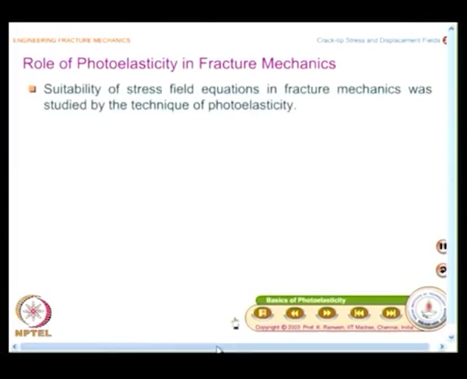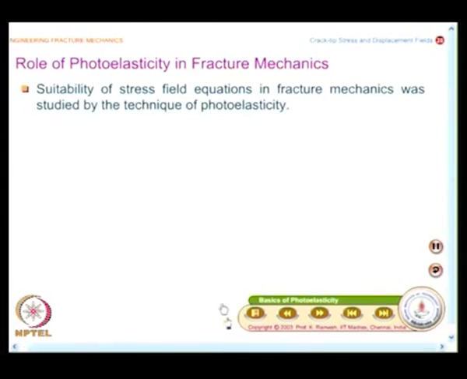We have seen the stress field, and I have been saying that we would look at use of photoelasticity in the advancement of fracture mechanics, and how we would use photoelasticity for this purpose. We have to find out the suitability of the stress field equations in fracture mechanics.